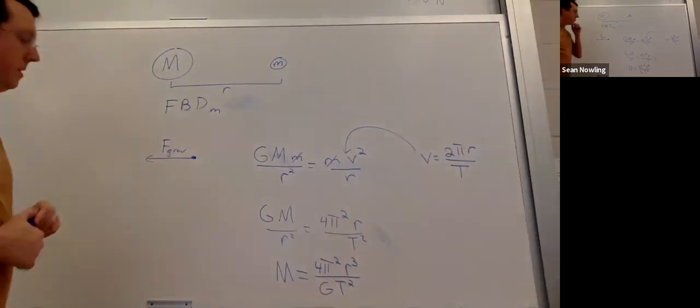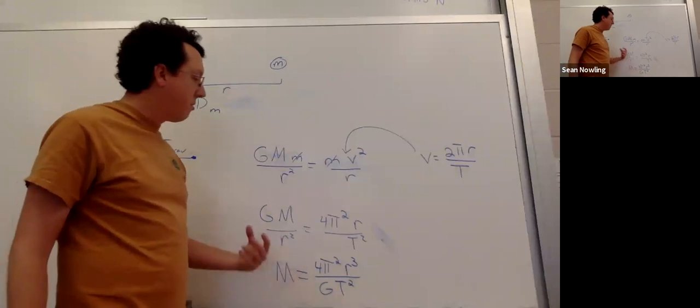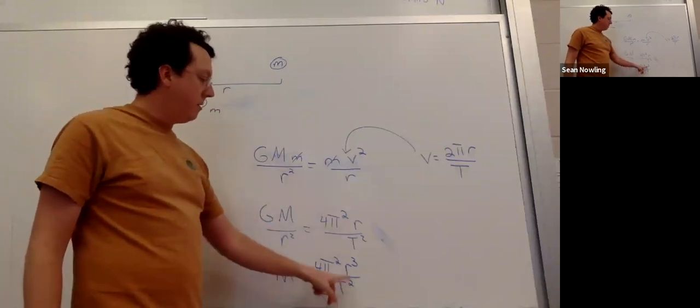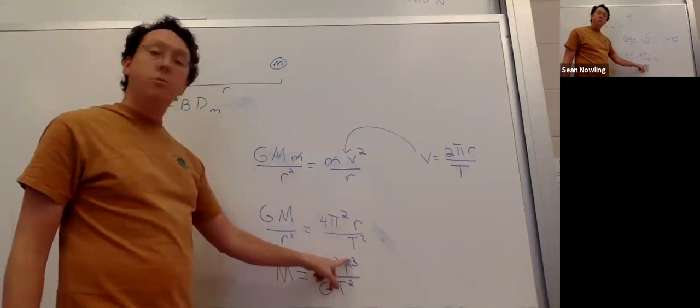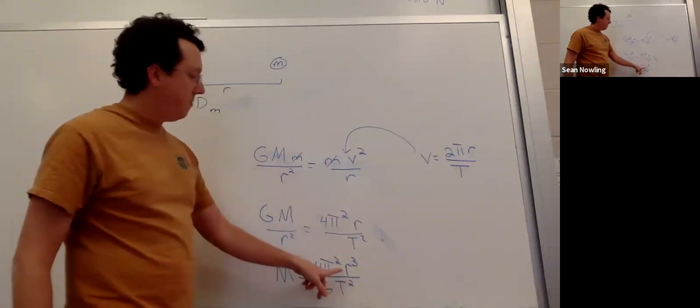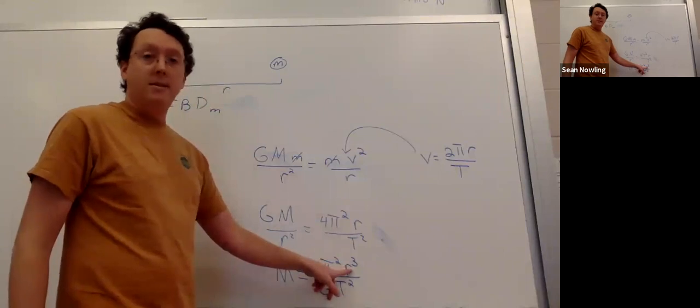So you remember in the last video, I described how Kepler's laws related the period squared to the semi-major axis cubed. Well, this is that same relationship rewritten just slightly. Because for a circular orbit, the semi-major axis is in fact the radius.